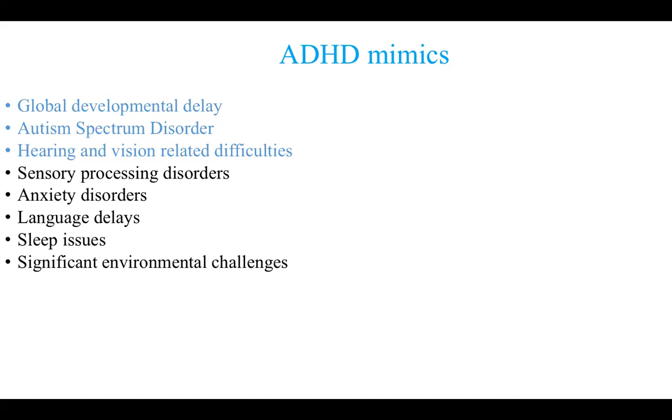Once the sensory issues are sorted with therapy, you will see that the overactivity and the ADHD also decrease remarkably. The third is that if the child has any sensory issues like hearing or vision related difficulties, again, sensory processing disorders, which I said, vestibular seeking, proprioceptive seeking, that can present as ADHD.